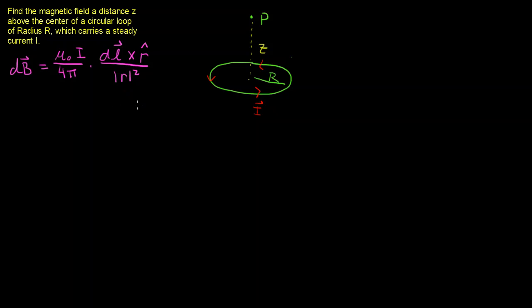Now, that's a lot of symbols, some of which I have yet to define, so let's go ahead and define these. dl is the differential length element of this wire.